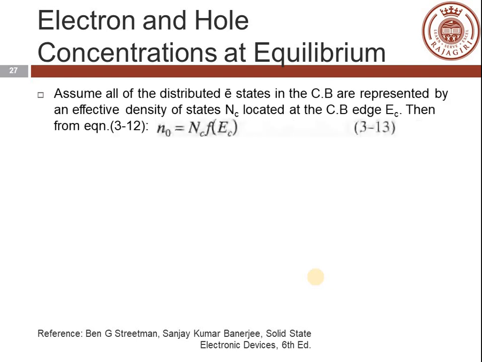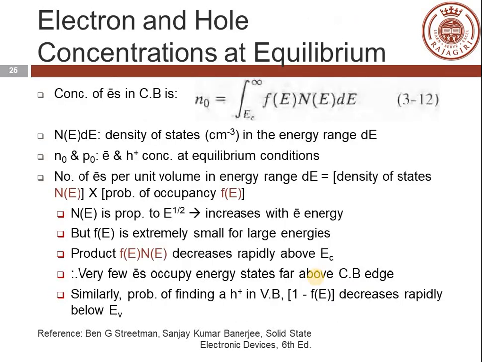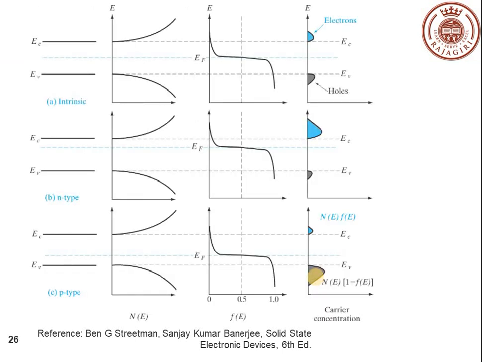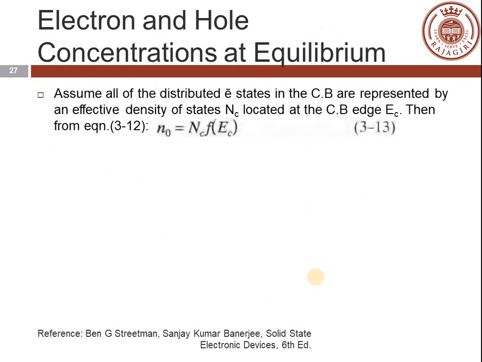Now, continuing with the derivation. So we have started with the equation n0 equal to integral Ec to infinity f of E n of E dE. Now we will be refining this equation. This is equation 3.2. Assume that all of the distributed electron states in the conduction band are represented by an effective density of states Nc, which is located at the conduction band at Ec, that is at the lowest most conduction band.